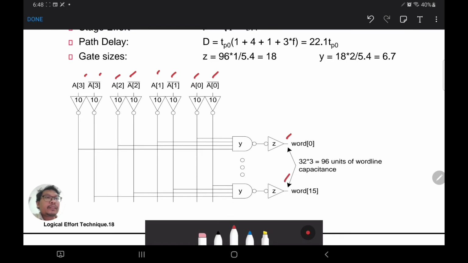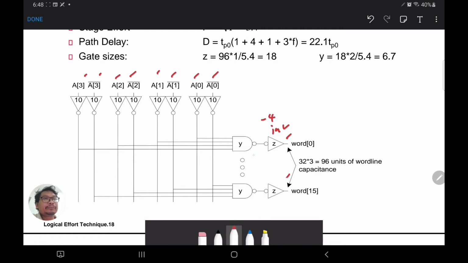The output is connected to an inverter and a 4-input NAND, and then we have an inverter here and an inverter here. So basically, one possible implementation. There are a few other implementations as well, we'll see in the next slide. But one possible implementation is a 3-stage logic where it goes through one inverter, one NAND gate, and another inverter at the end.